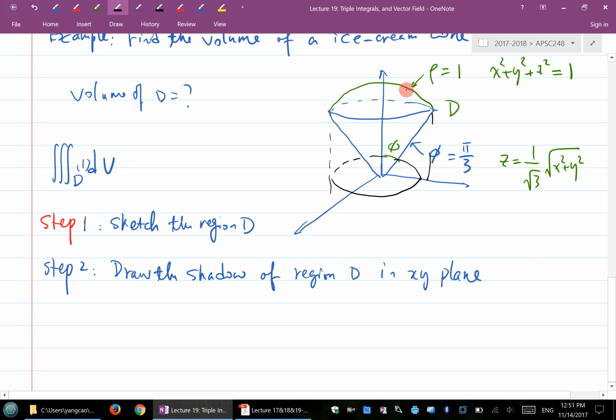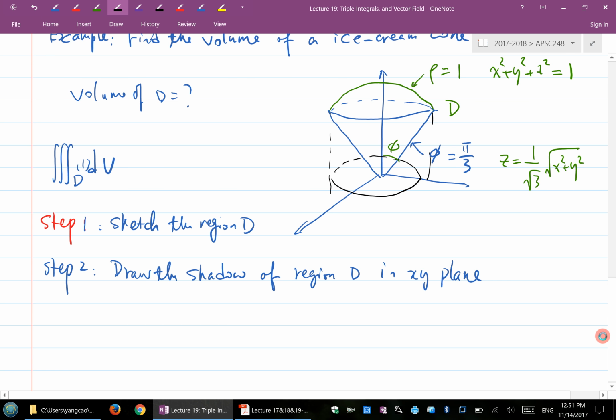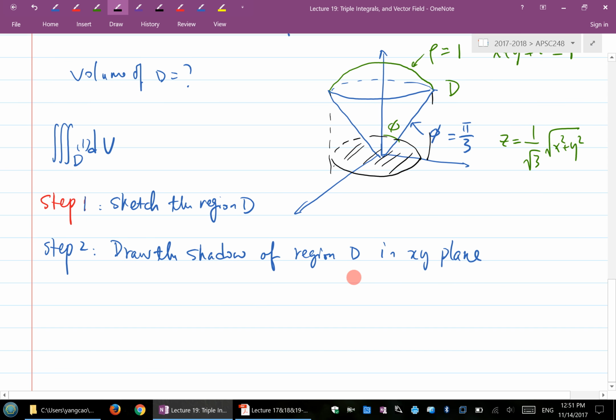Actually, in this case, we don't really need to know the radius of the circle, because the shadow will only be used to find the theta limits. So the radius is not important here, but we do need to know what the shadow looks like. So draw the shadow in this XY plane.